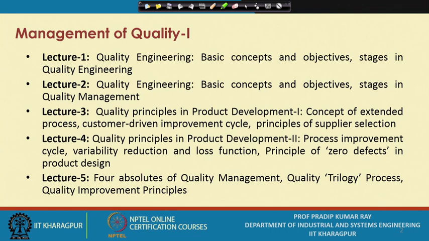And on management of quality there will be 2 parts. So the second week I will be talking about the management of quality part 1, and in the subsequent week, during the third week, I will be discussing the second part of management of quality.